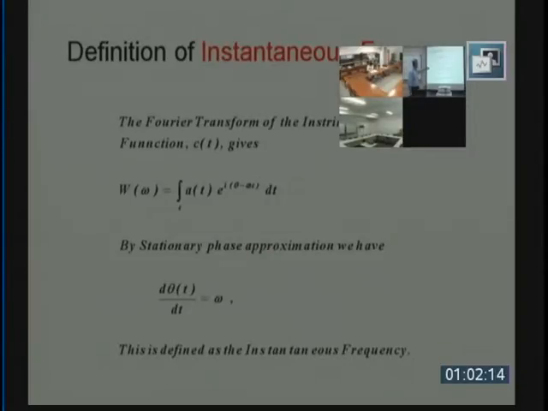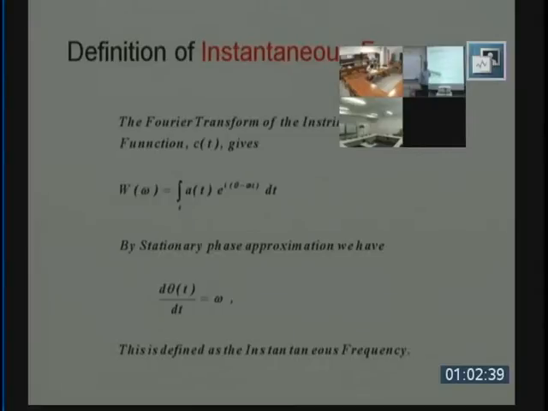Then if I make a Fourier transformation with e^{i(ω - ωt)}, I get this ω. Then the question I want to ask is, what is the maximum contribution of this value to the ω value? By stationary phase approximation, you take the derivative of that phase and set it equal to 0. So the time derivative of phase equals ω.